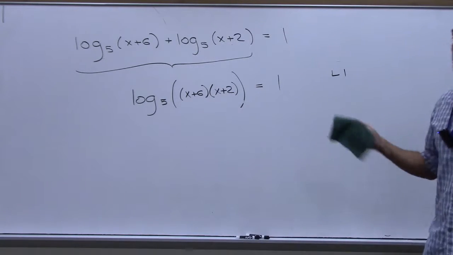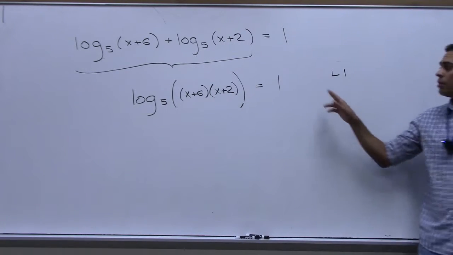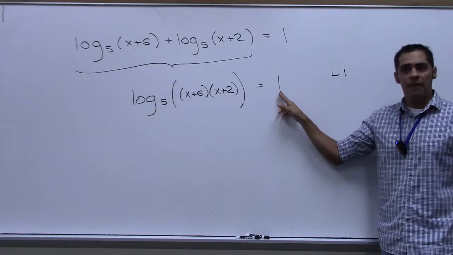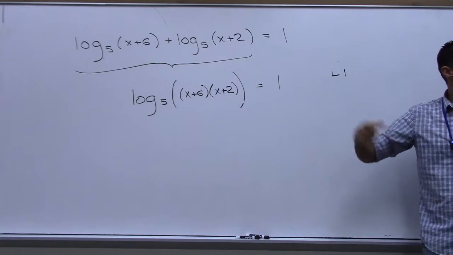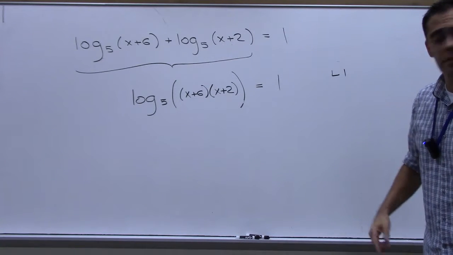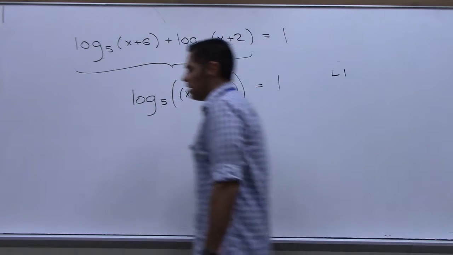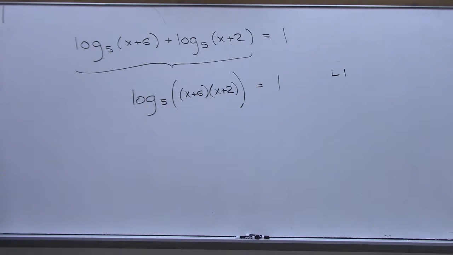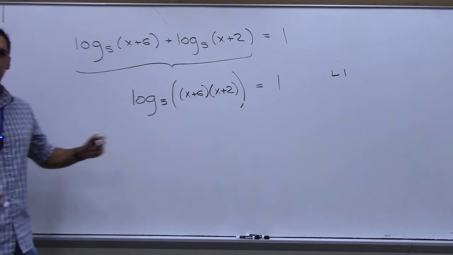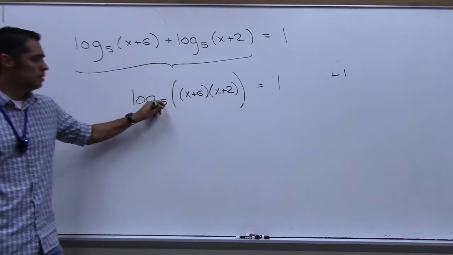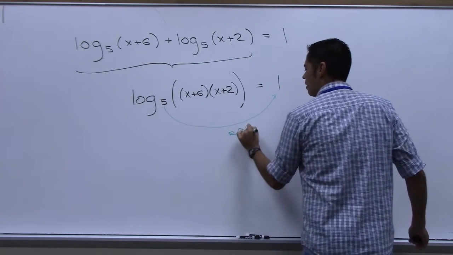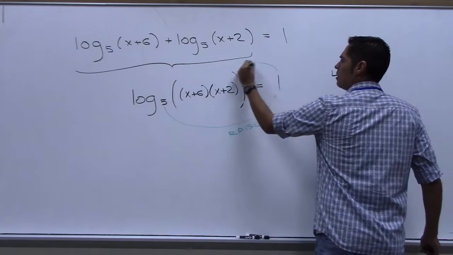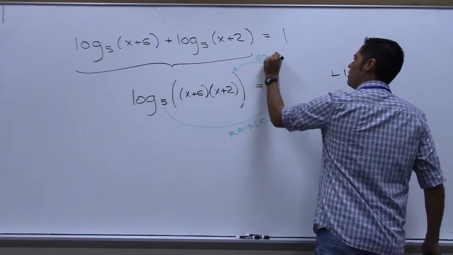Now, even though I do like the idea that you could convert this over to log base 5 of 5, I'm going to go back to the loop. Do you remember the loop? I said that I like to use the loop for logs. That loop is what I'm going to use to solve this equation. So do you remember how the loop worked? Take the base here. You say that, what? Raised to this power must equal everything in there.